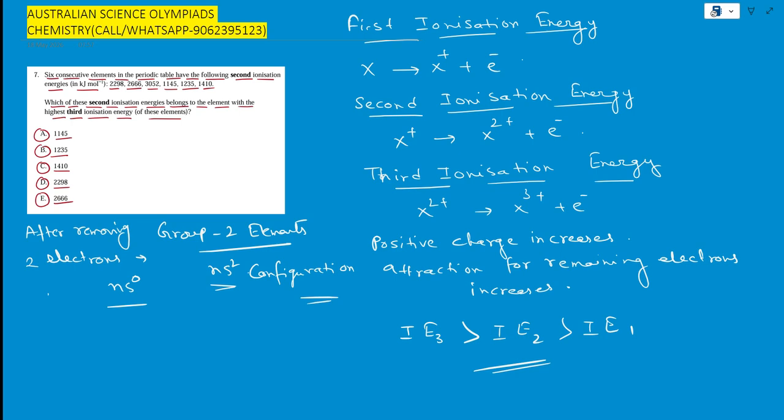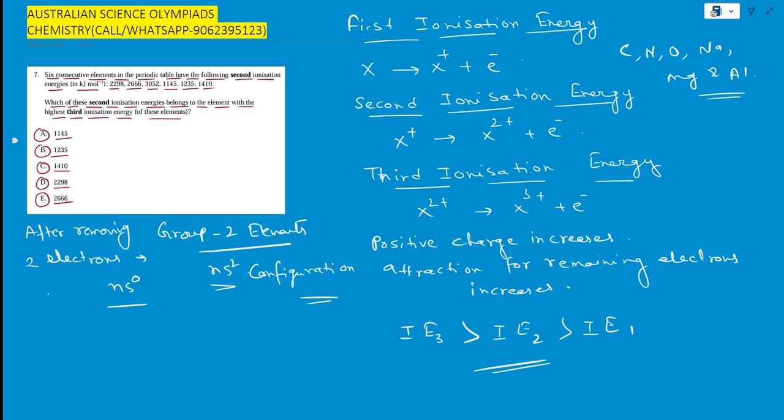This is a huge drop. So this means after 3052 a new period starts. So these six consecutive elements are likely up to sodium, magnesium and aluminium. Okay, exact identification is not necessary, but the pattern matters.